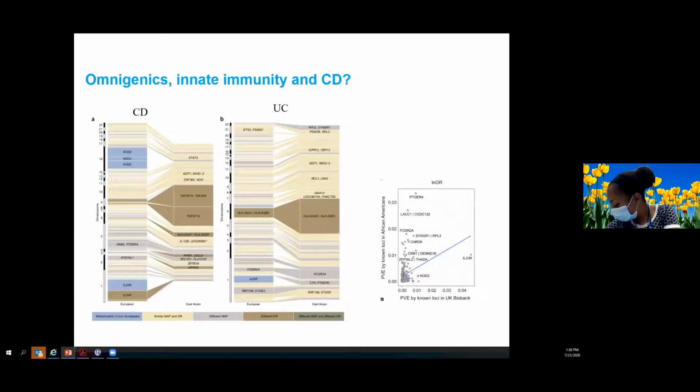And then we have interleukin-23 receptor that has about 2-fold effect, actually mainly protective, but there are at least 4 main haplotypes associated with risk.